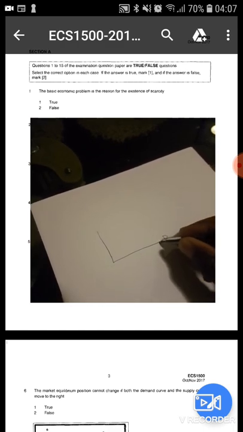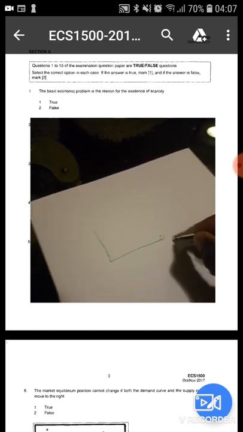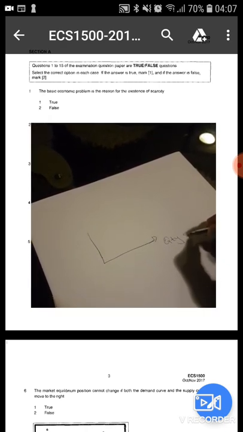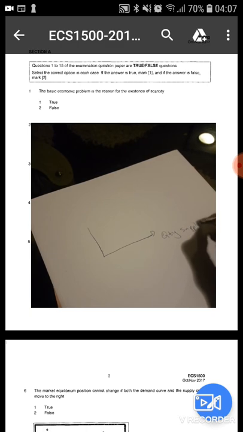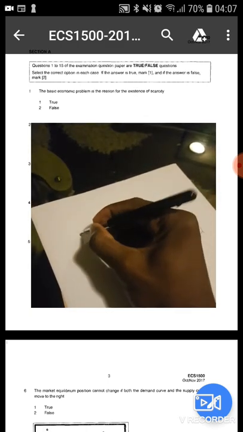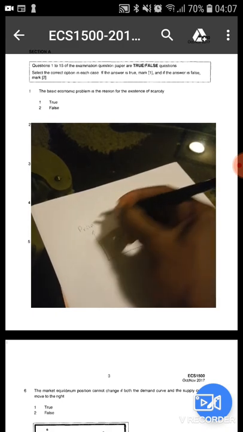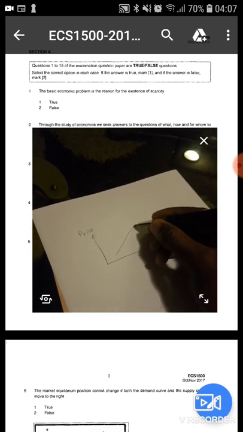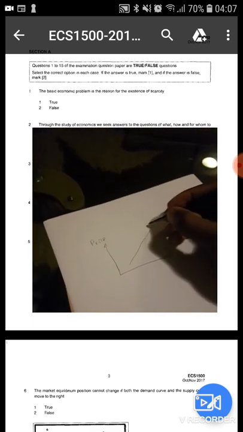On the horizontal axis, what do we have? We have quantity supplied. On the vertical axis, we have price. And then here is the supply curve.